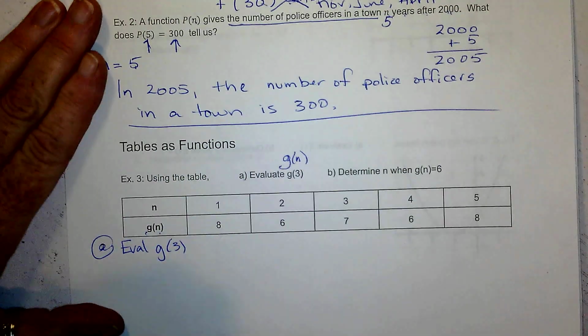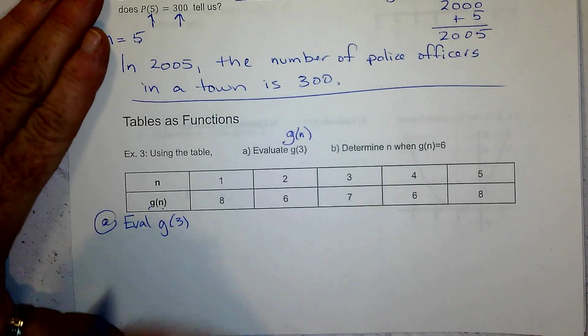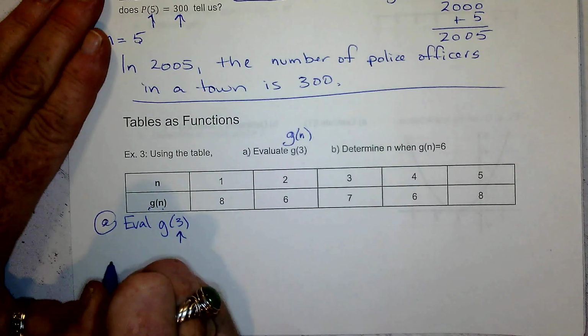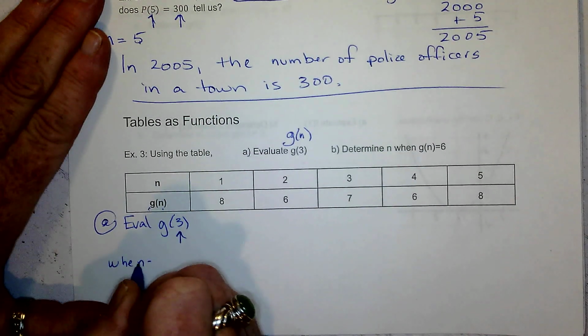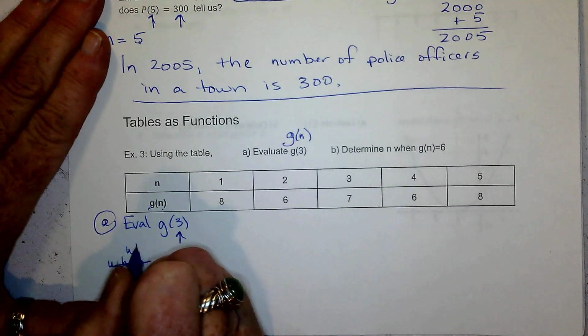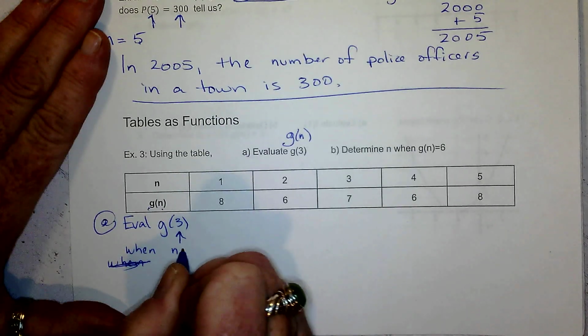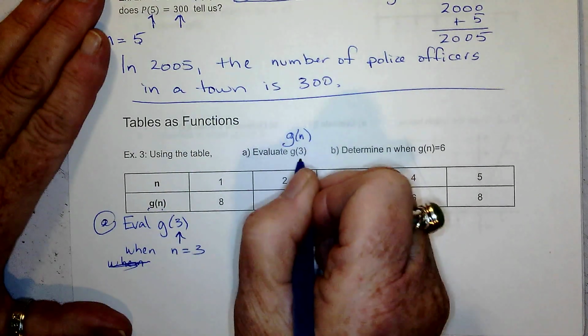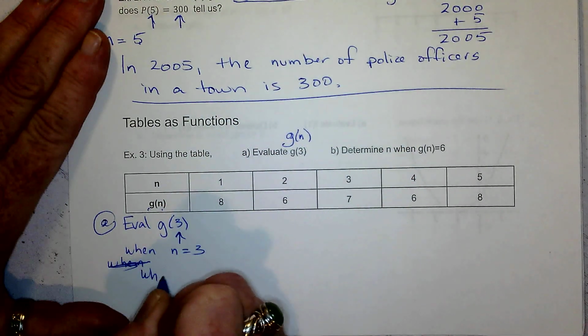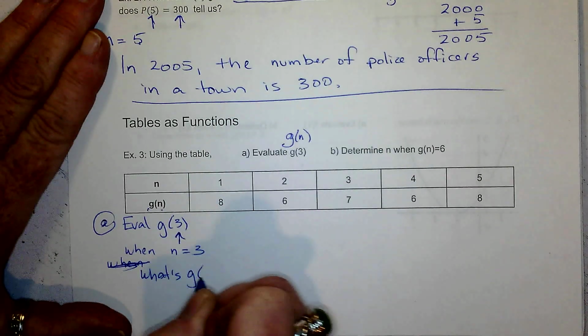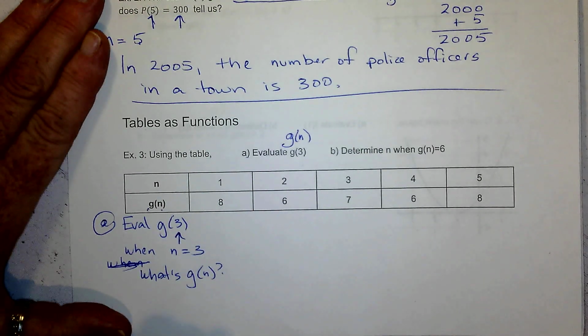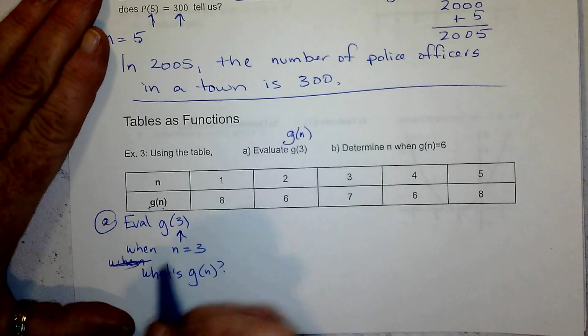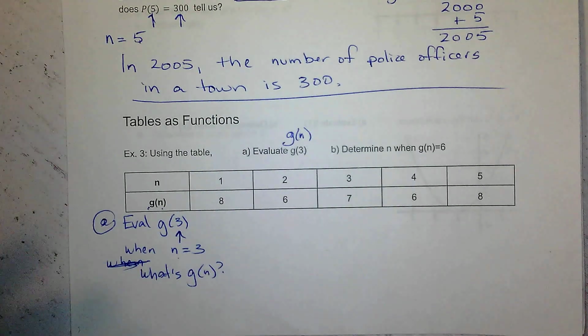The question I always ask myself every time is, when n is equal to 3, which is the case here, what's the function? What's G of n? You should write this down because you can use this every time.